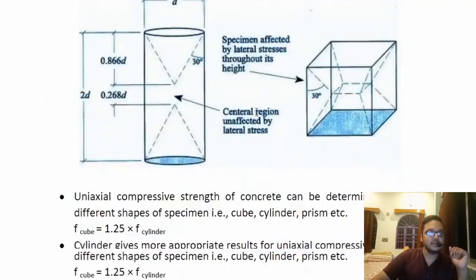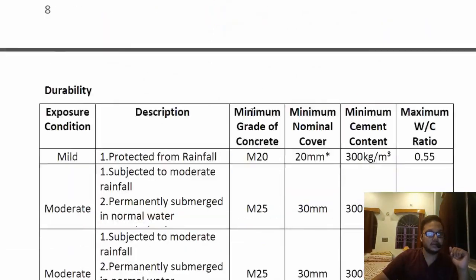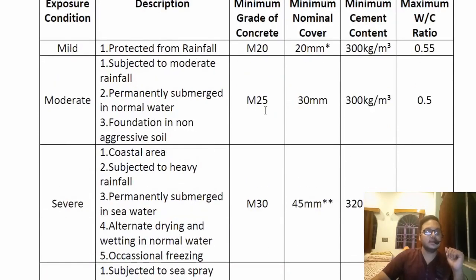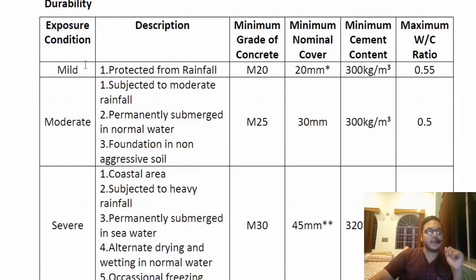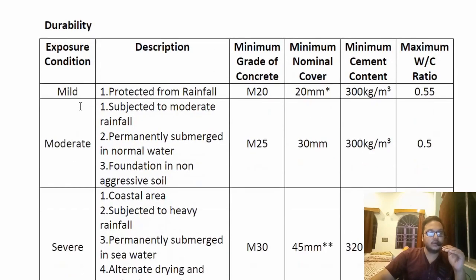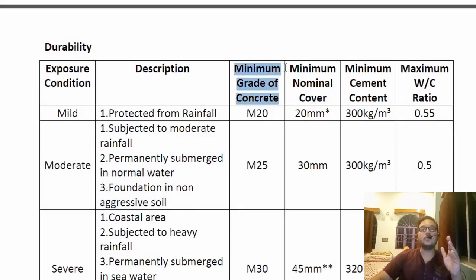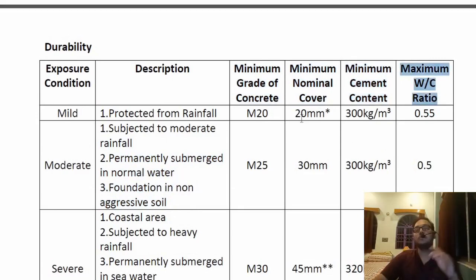And this is the chart. It gives us a comparison of various durability conditions, depending on the conditions to which the concrete is exposed, and what shall be the minimum grade of concrete, the minimum nominal cover, the minimum cement content and the maximum water to cement ratio.